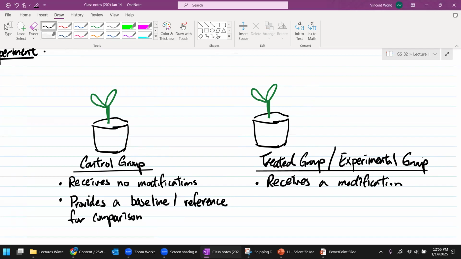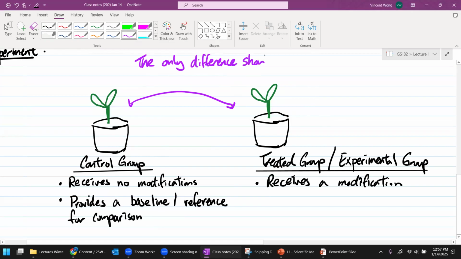Otherwise, you wouldn't know what's causing what. So in this case, the only thing we are changing between the control group and the treated group is the amount of sunlight. Don't change the water, don't change the soil. Everything else must be the same between the two groups, except for the independent variable. So the only difference should be the independent variable.